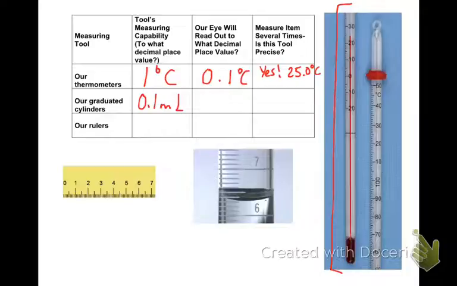So our eye will read out to the 0.01 milliliters. And yes, this tool is precise. And if we take a look, it's going to be 6.31 milliliters.